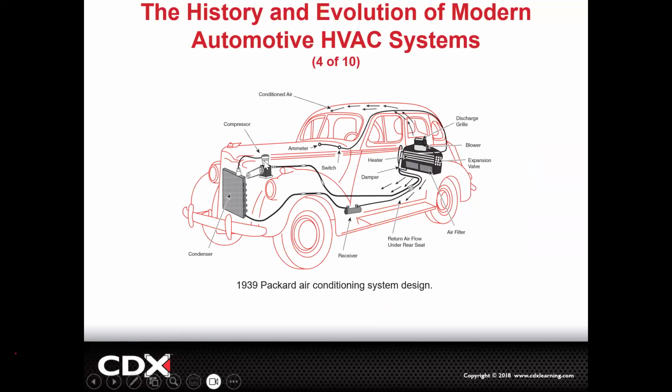The refrigerant comes into the compressor, goes to the condenser, leaves the condenser, goes through this weird little receiver, and goes all the way to the back of the car where it had an evaporator, a blower, and an expansion valve, and it would blow the air up the roof and down the floor and eventually cool it.